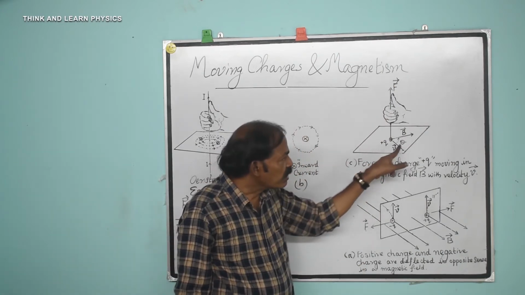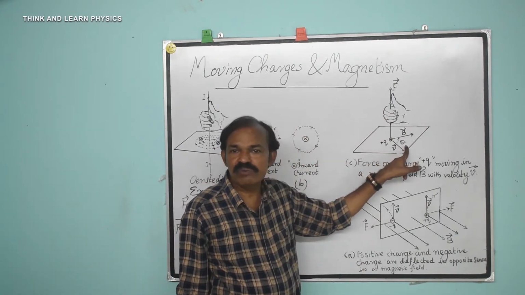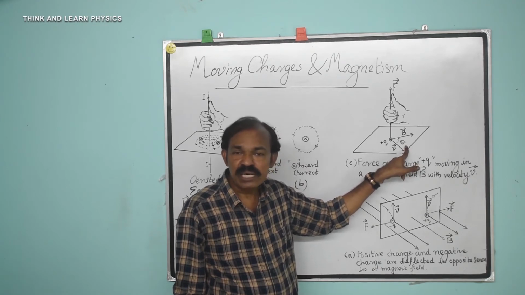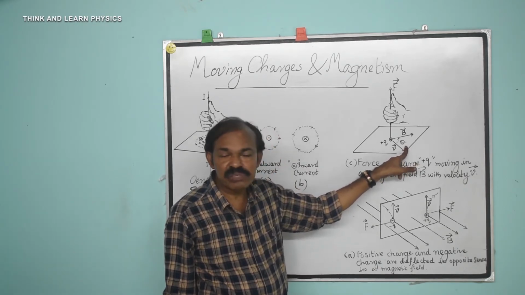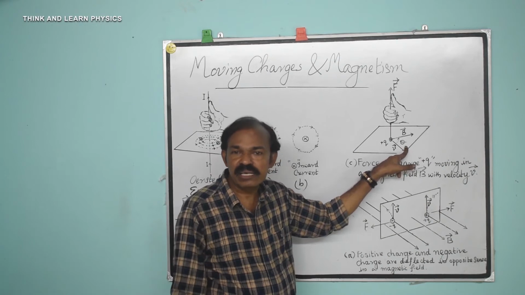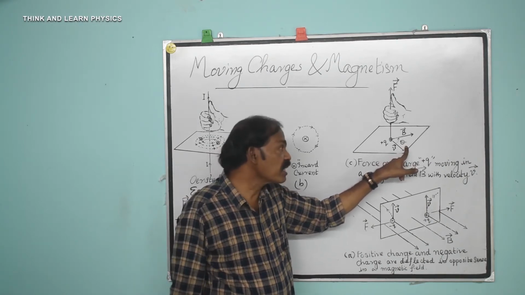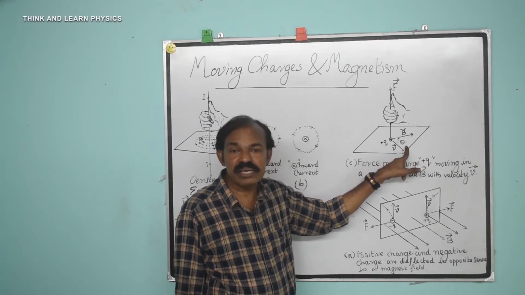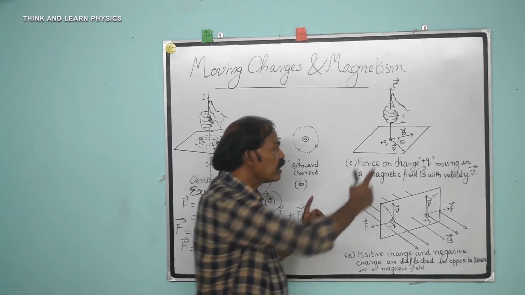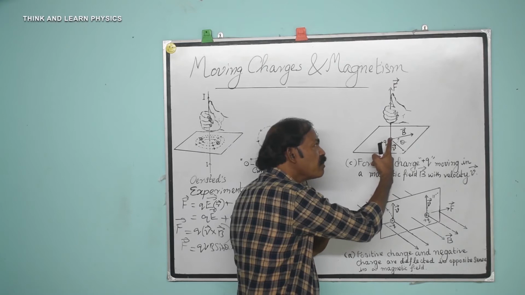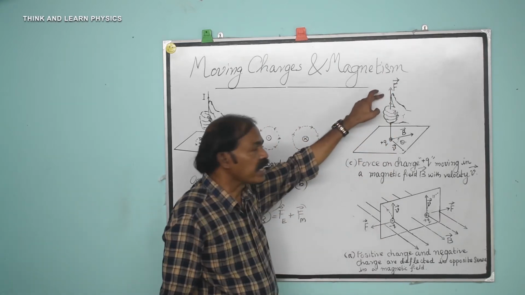So the direction of the cross product V cross B will be towards that side of the plane containing V vector and B vector from which the rotation from V to B appears anti-clockwise. So the direction of the force acting on the charged particle will be in the upward direction.